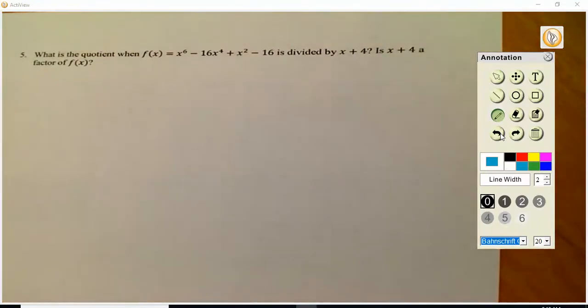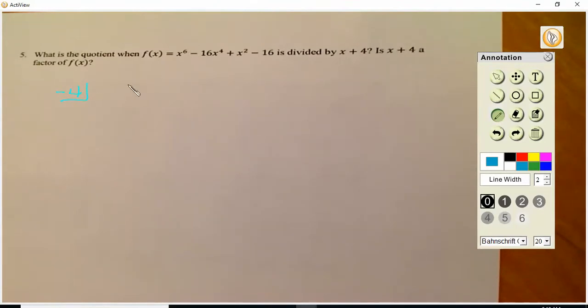What is the quotient when x to the 6th minus 16x to the 4th plus x squared minus 16 is divided by x plus 4? Synthetic. What are you going to put out in the box?